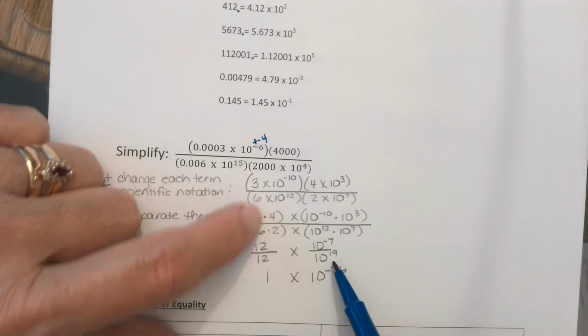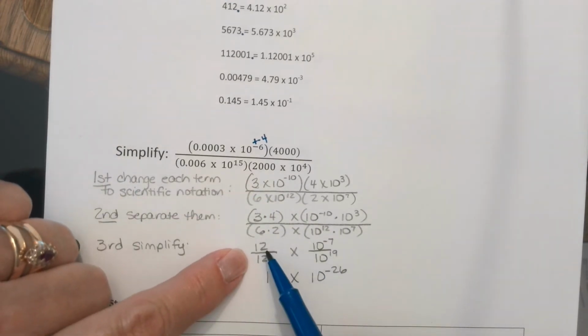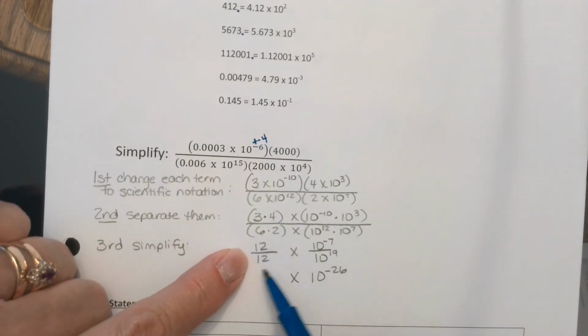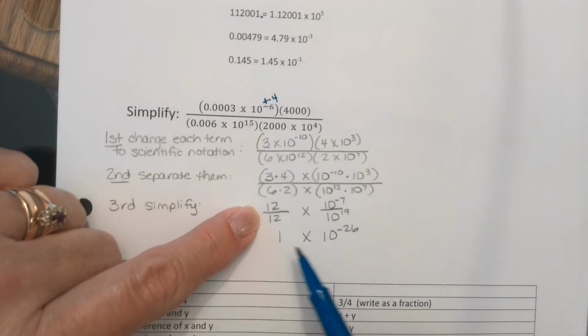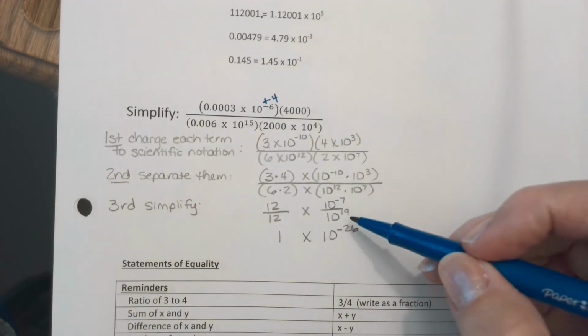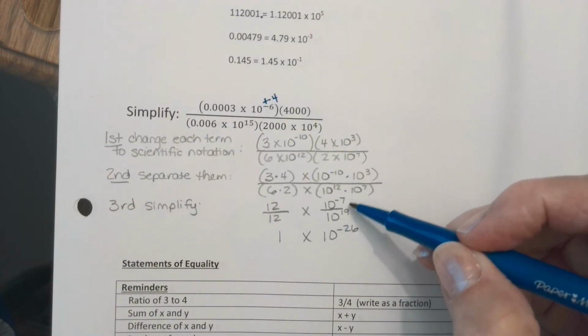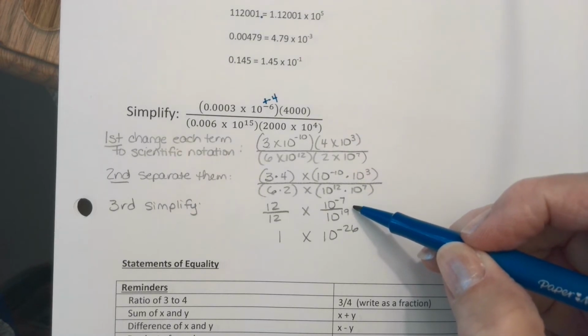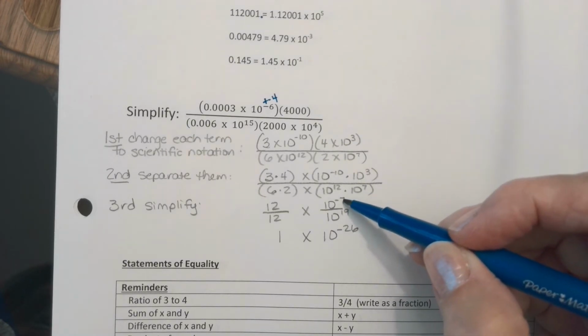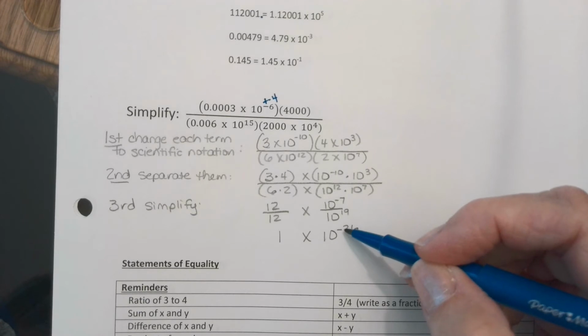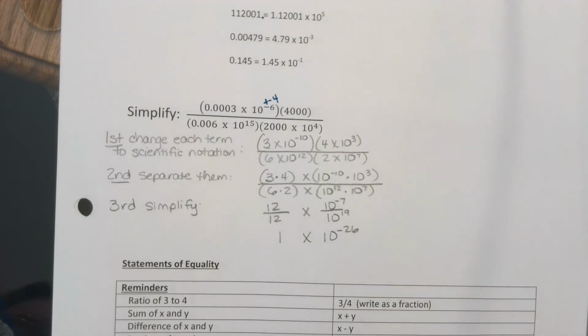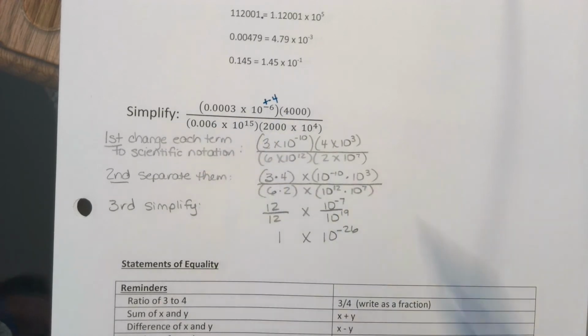So in that case, it was 19. Then you take the 12 over 12 and you reduce it. This one just happens to reduce to a 1. Then you take this 10 to the 19 and bring it up. So it'll be a negative 19. So then you can add it to the negative 7. So negative 26. And this is the simplified form of this big old expression.